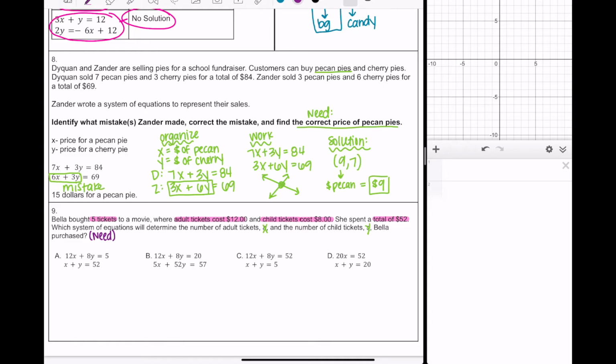What we need to know is the number of adult tickets, we're going to let that be X, and the number of child tickets. Okay. Now we need to organize this information. All right, so there were 5 tickets total.